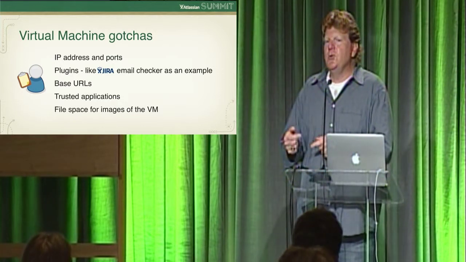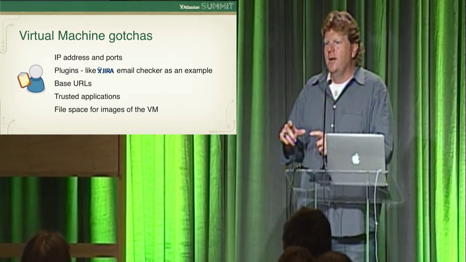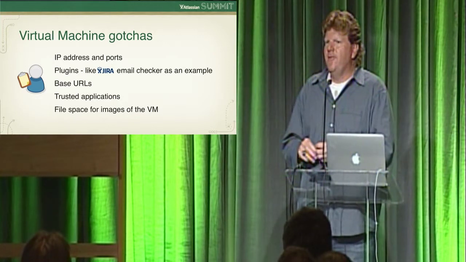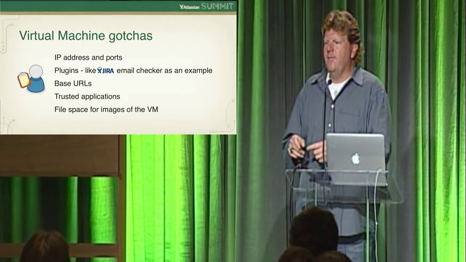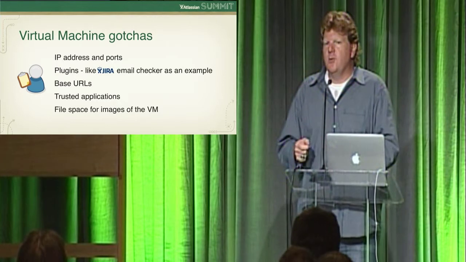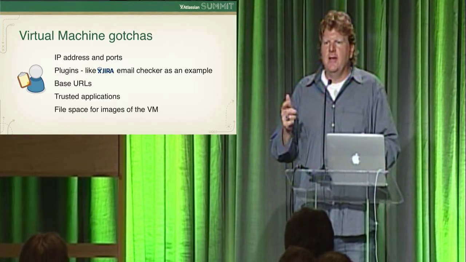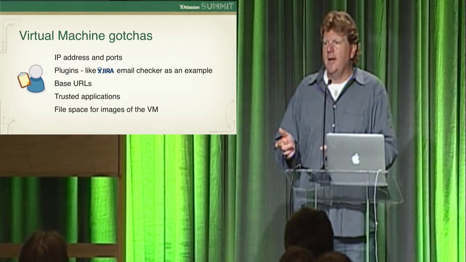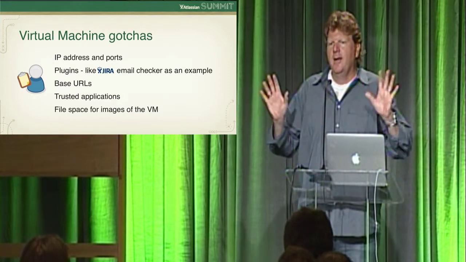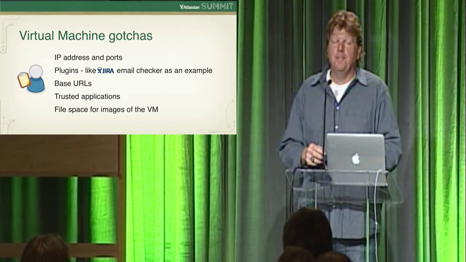So when we create users in our Confluence, and we're not using Crowd yet, that's a different story, but just using the default user manager inside of Confluence, I create the user, put in a bogus password, assign them to the right groups, and then I'll use the forgot password feature to have an email sent out to the user with the link on how to reset their password. That way, I don't have to tell them what their password is. They can set it for themselves the first time.